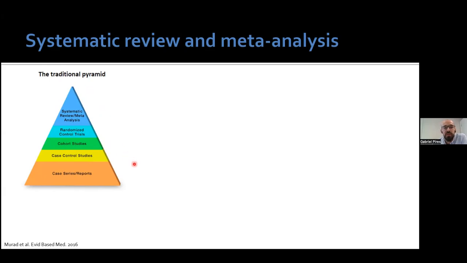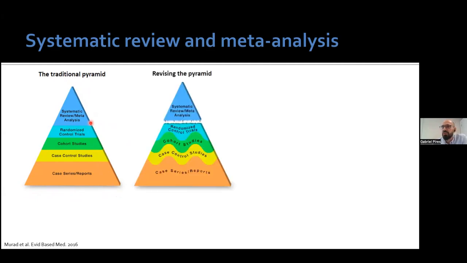There are some evidence pyramids that even have a lower ground here of preclinical studies. And the idea is that since systematic reviews can summarize everything that is located below it, it obviously produces more evidence. That was the traditional framework.